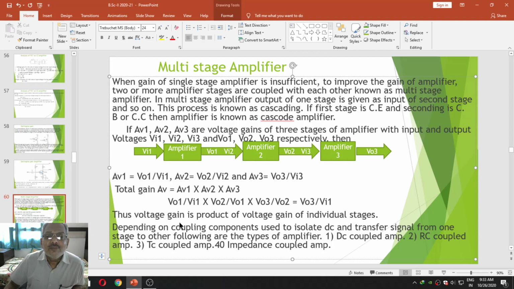Depending upon how output of one stage is coupled as an input to the second stage, for coupling output of one stage with the input of second stage, which components are to be used, accordingly there are three types of multi-stage amplifiers.